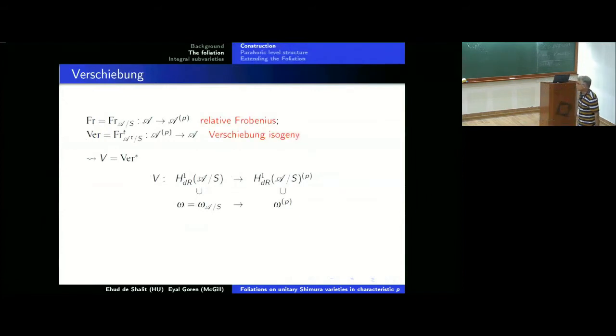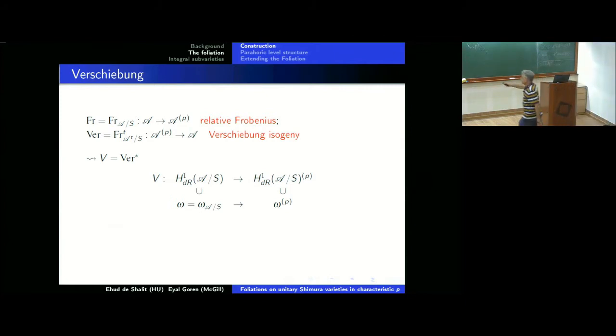For this new construction, let me remind you not to confuse these Frobenii with this Frobenius. This Frobenius is the Frobenius of the base relative to the field, and now I want to consider the Frobenius of the universal abelian scheme relative to the base.